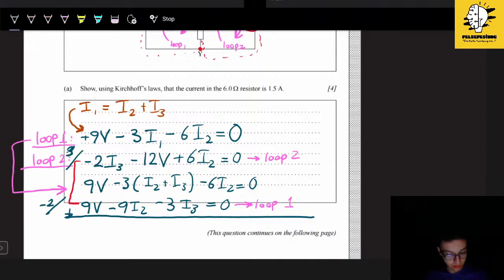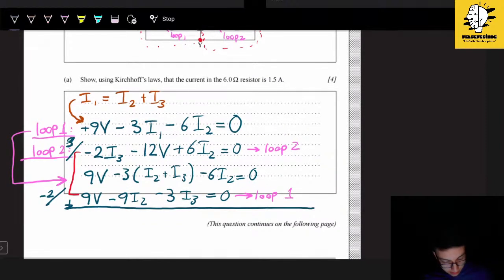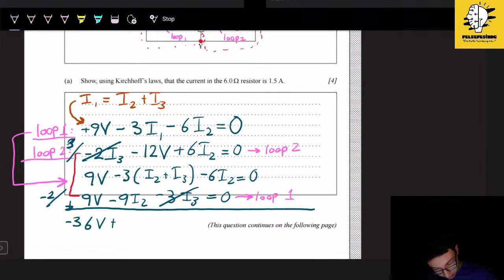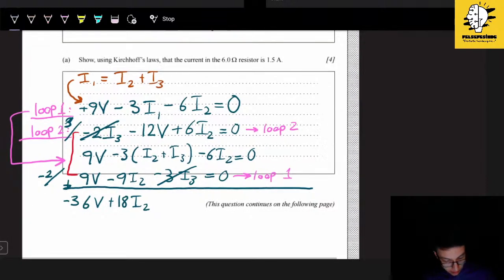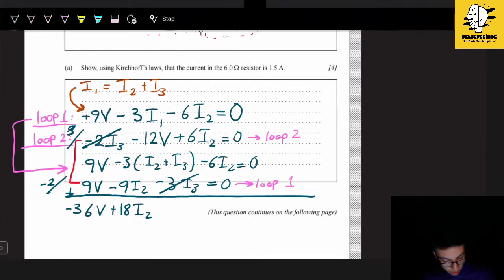So we will find that the I3s will cancel each other since one will be 6 and the other one will be minus 6. So over here I see minus 36 volts plus 18 I2, and then I'm going with the second equation over here.